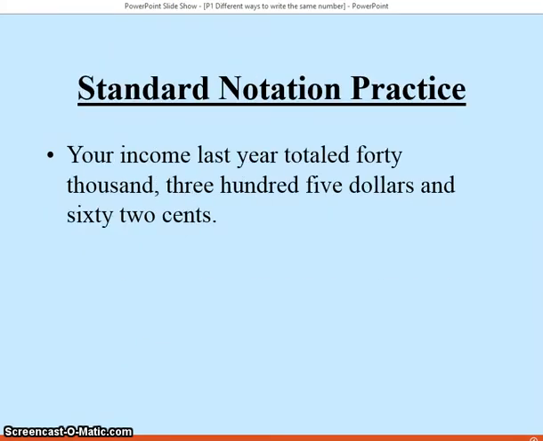So let's practice. Let's pretend your income, the money that you earned last year, totaled $40,305.62. How would you write that in standard notation? Pause the video and try to write it. To write this in standard notation, you would write 40 in the thousands column, 3 in the hundreds column, a 0 in the tens column because there are no tens, and a 5 in the ones column.